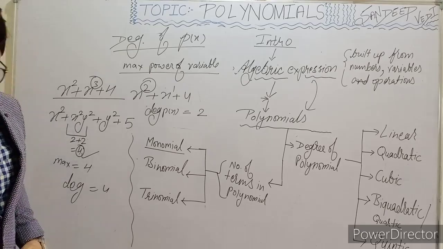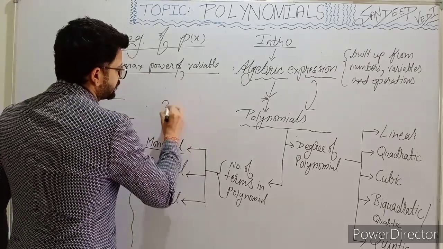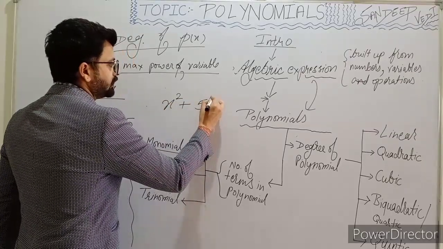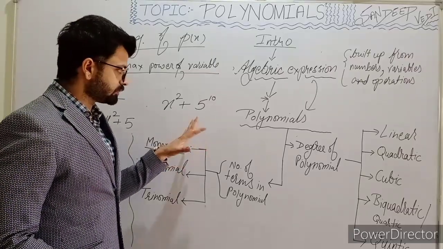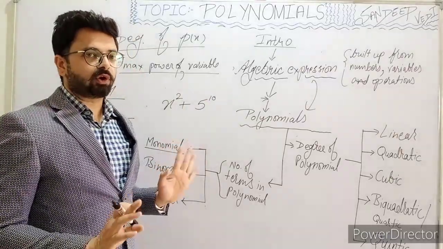Okay, one more example of the degree of a polynomial. Suppose I am writing here x square plus 5 raised to the power 10. Most of the time, not always, students write the degree of this polynomial is 10. That is not correct.